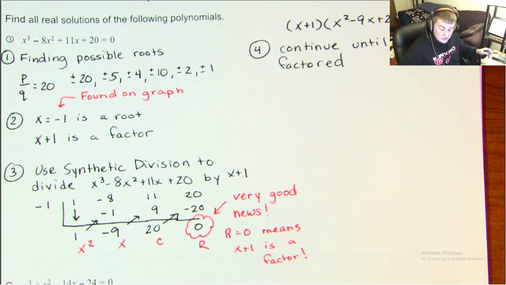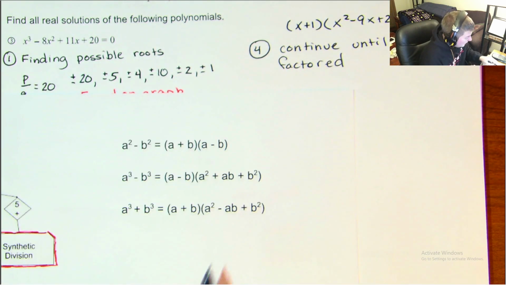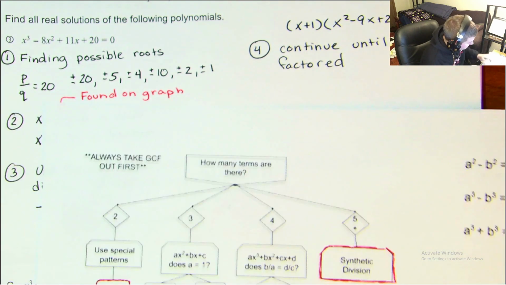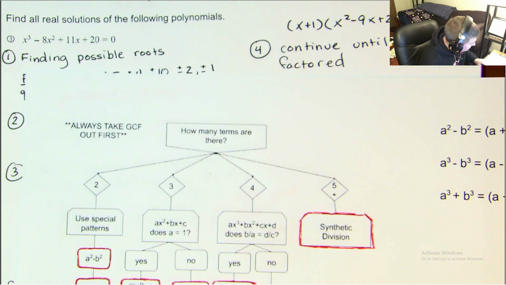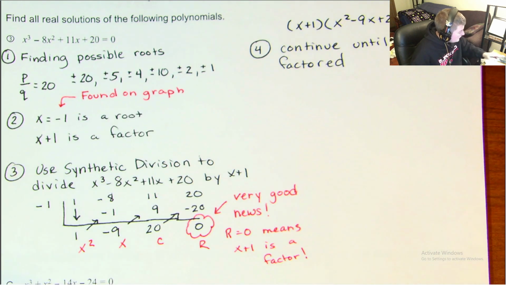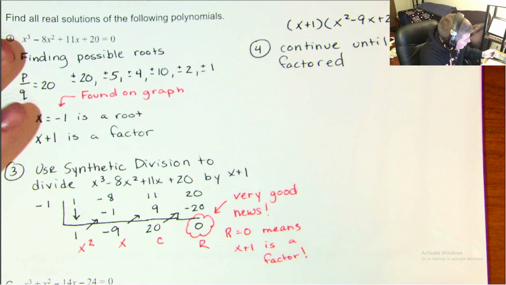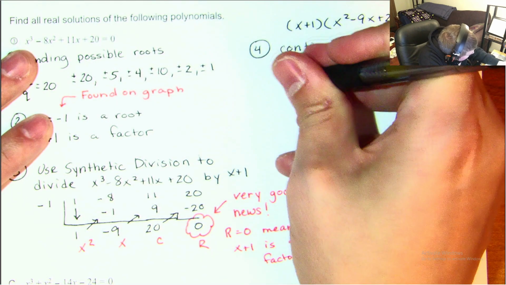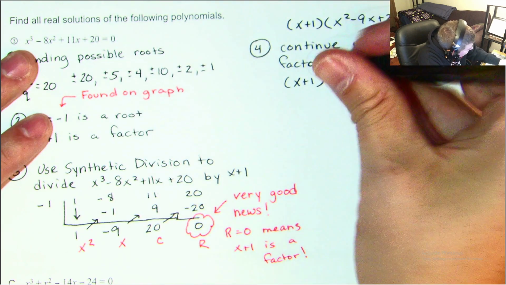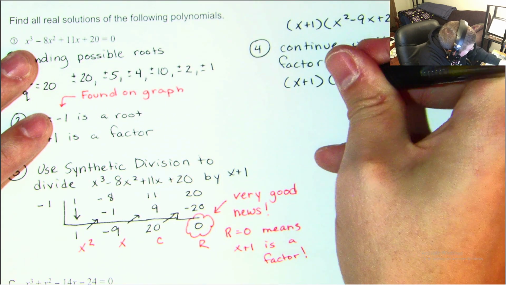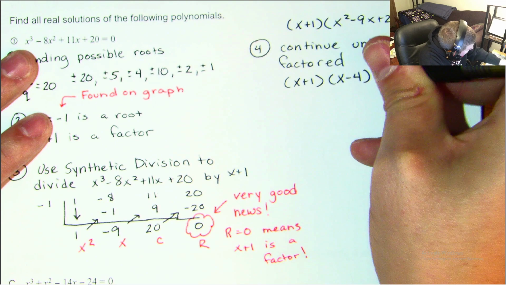So we're going to refer back to our flowchart. I have 3 terms. My a value is 1. We're just looking for numbers that multiply to c and add to b. So I'm looking for numbers that multiply to 20 and add to negative 9, that's negative 4 and negative 5.